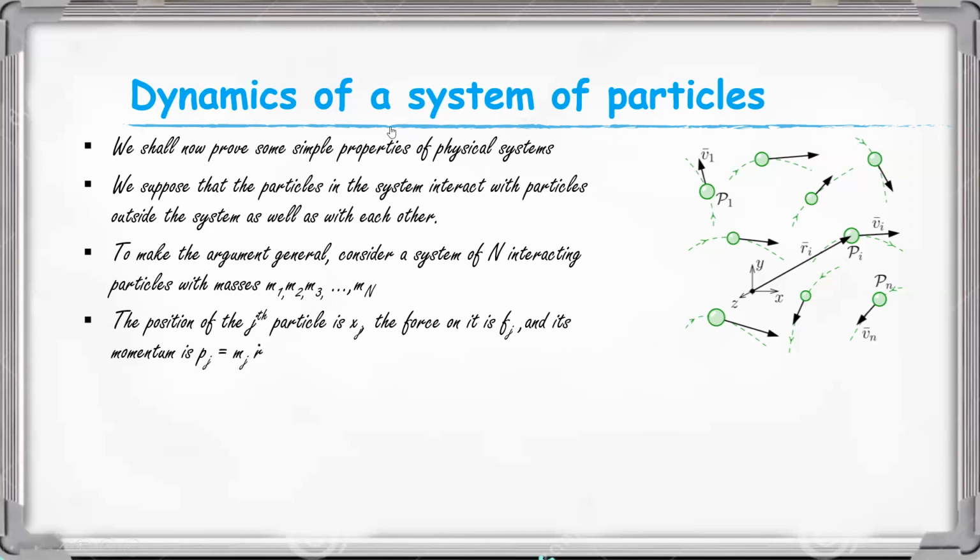The position of the jth particle is rj and the force on it is Fj and its momentum is pj, that is equal to mj into r dot.